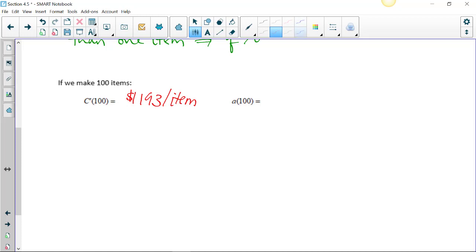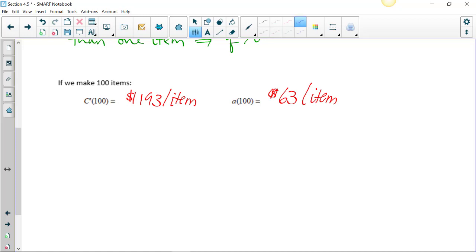Okay, the average cost at the 100 item production level is going to be $63 per item.